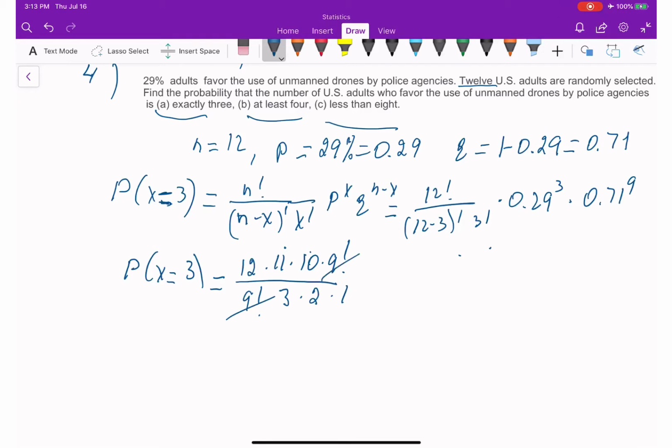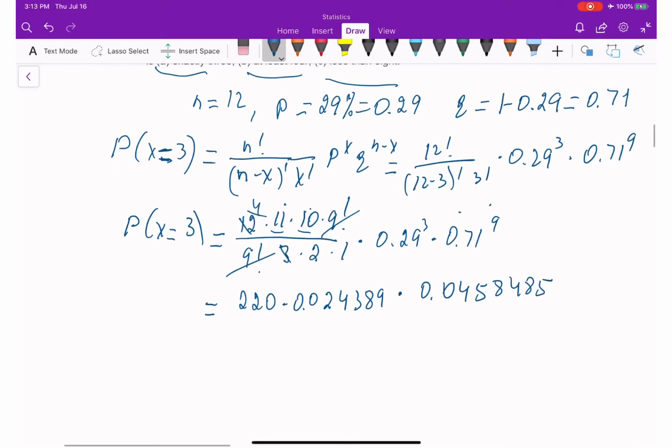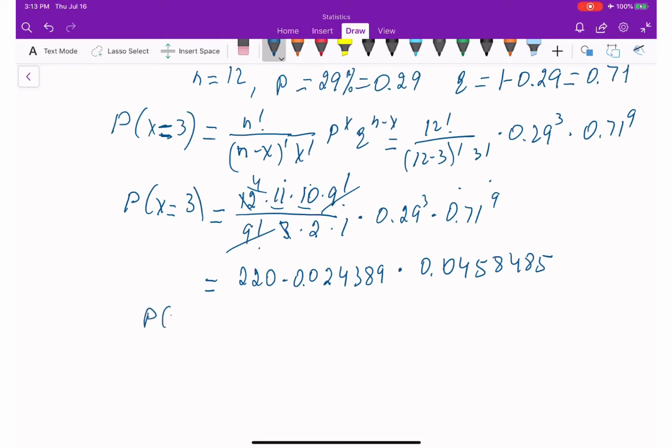So 9 factorial cancels with 9 factorial, 3 cancels with the 4 here, and we are left times 0.29 to the power 3 times 0.71 to the power 9. So 4 times 11 times 10 is 220, times 0.024389, times 0.04588485, and we will get the probability that x is equal to 3.